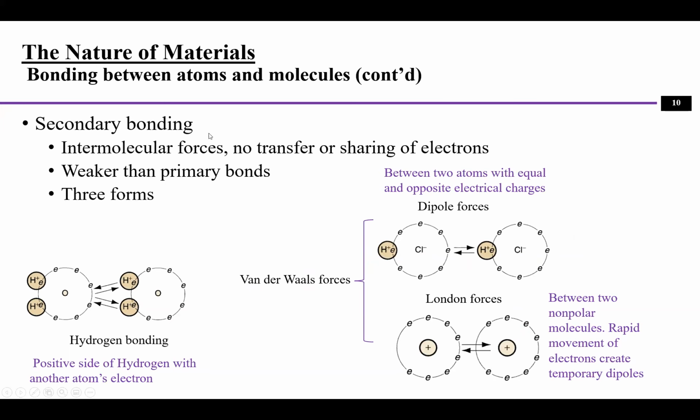So typically, the secondary bondings, the forces between molecules, are weaker than the primary bonds. And there are three forms of secondary bonding. One is hydrogen bonding. Hydrogen bonding means we have a positive side of the hydrogen with another atom's electrons.